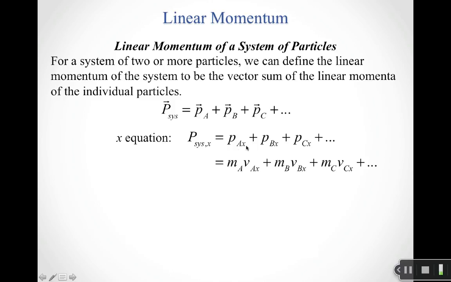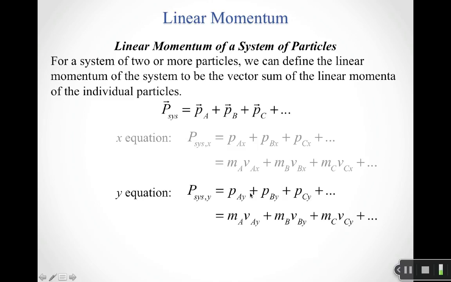The x component of the linear momentum of your system is equal to the x component of the linear momentum of particle A plus the x component of particle B plus the x component of particle C. And we know that we can calculate these individual linear momentums by taking mass times velocity. So the x component of the linear momentum of particle A is nothing more than the mass of particle A times the x component of particle A's velocity. And we repeat that for each particle that we've got.